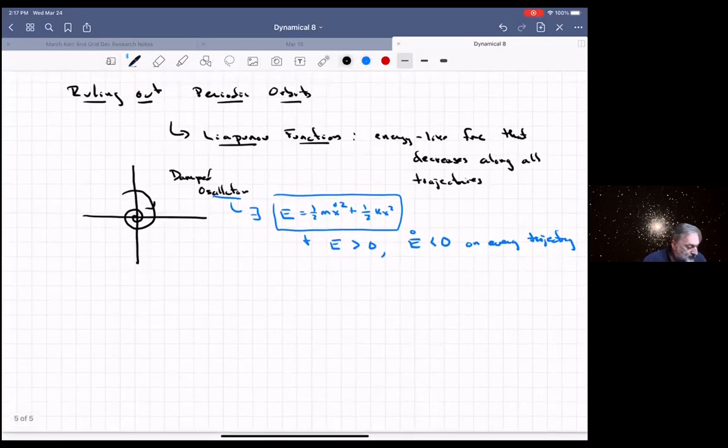So the idea of the Lyapunov function is that we're going to say let x vector dot be equal to f of x vector. It's a 2D system with a fixed point of x star.